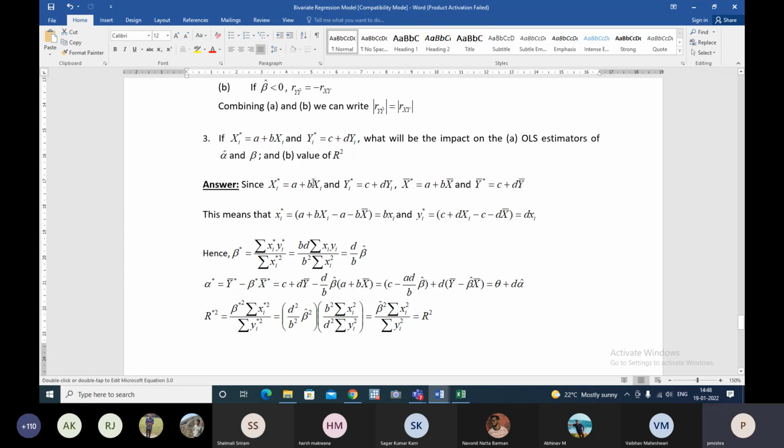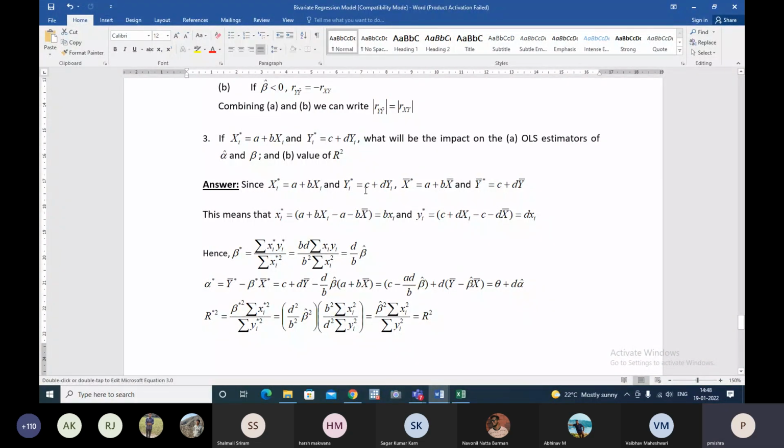So I am defining the new variable as xi star, which is equal to a plus b xi. Similarly, I am changing the origin and scale of y by c and d respectively.